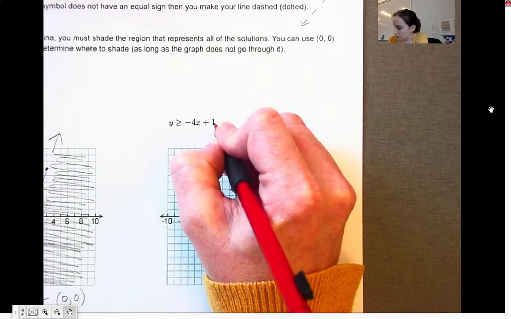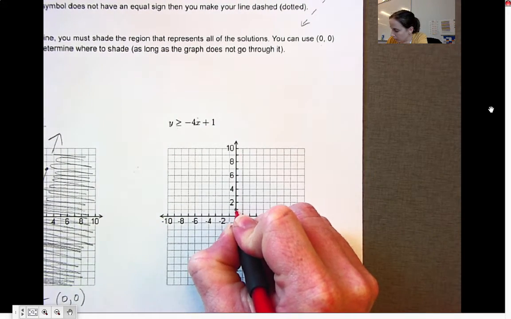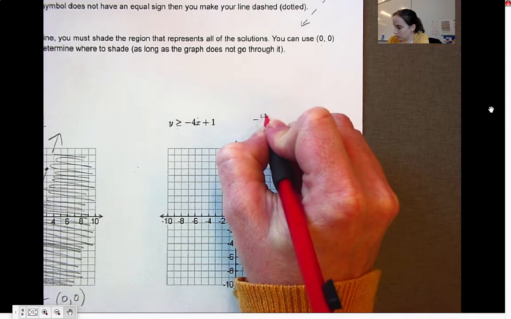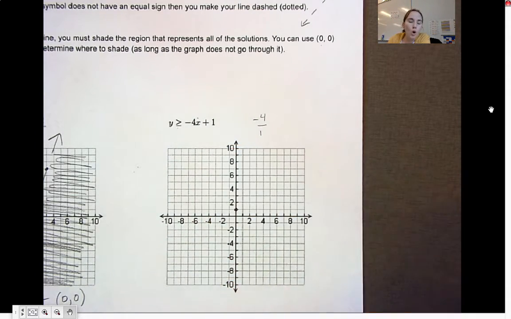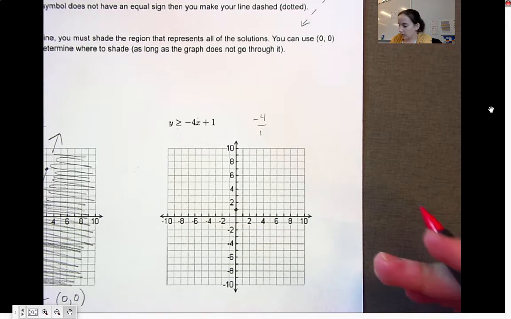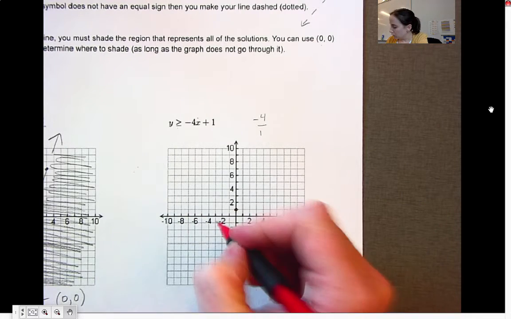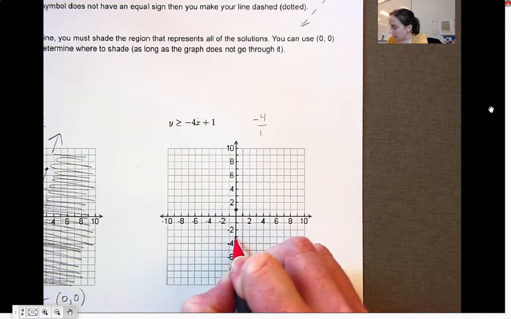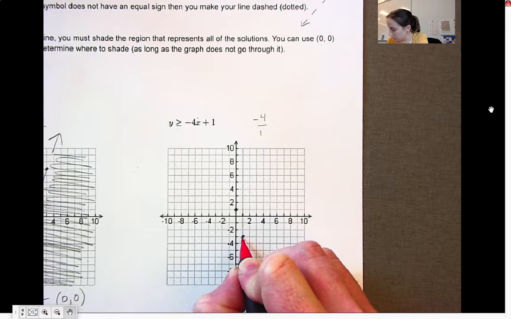The y-intercept is 1, so I go to 1 and plot the point. The slope is -4, so rise over run looks like -4 over 1 or 4 over -1, either way. So I'm going to go down 4, 1, 2, 3, 4, and to the right 1 towards the positive numbers.